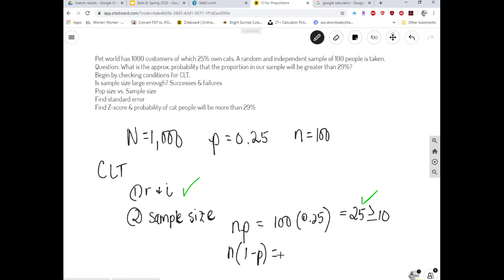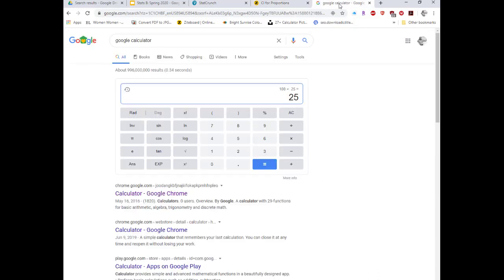So I can just do that by subtracting 25 from 100. If you want to do it with the formula, we can just take 100 and then 1 whole minus 0.25 and multiply those things together. So I've got 100 times parenthesis 1 minus 0.25, and then hit equals, and I get 75.